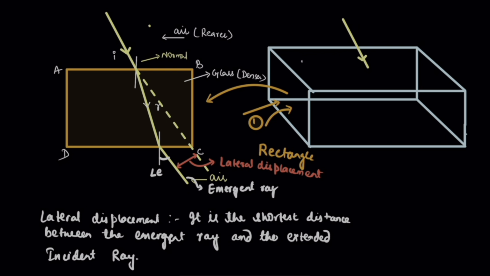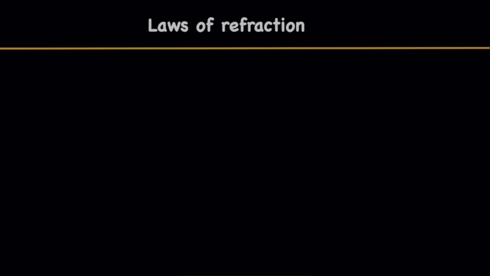So till now we got an idea about the refraction of light and how it behaves in the glass slab. Now we will move to the laws of refraction. There are two laws of refraction.